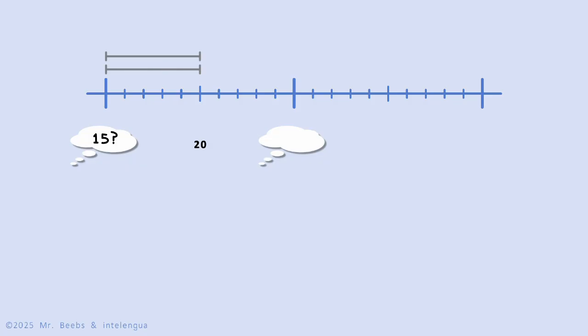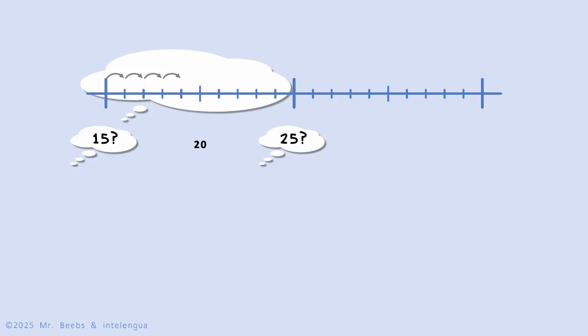So if we go the same distance beyond the midpoint, what would that value be? 25. That makes sense. Double check. 20 is the halfway point between 15 and 25. Start at 15, then 16, 17, 18, 19, 20. Are we skip counting? Nope.